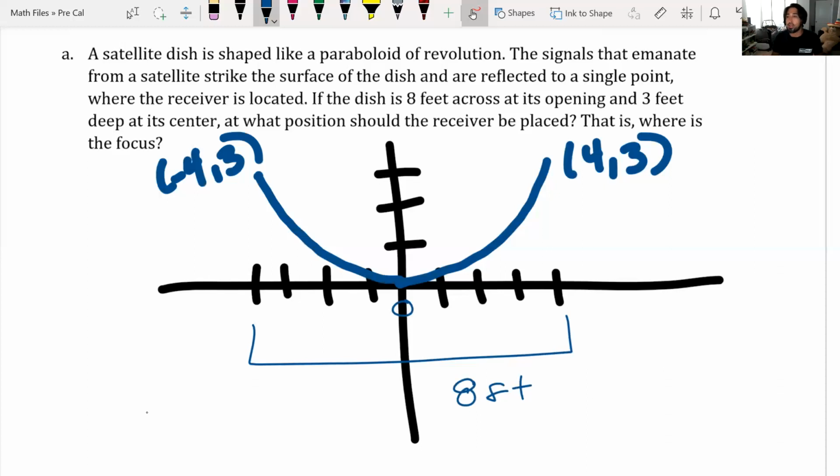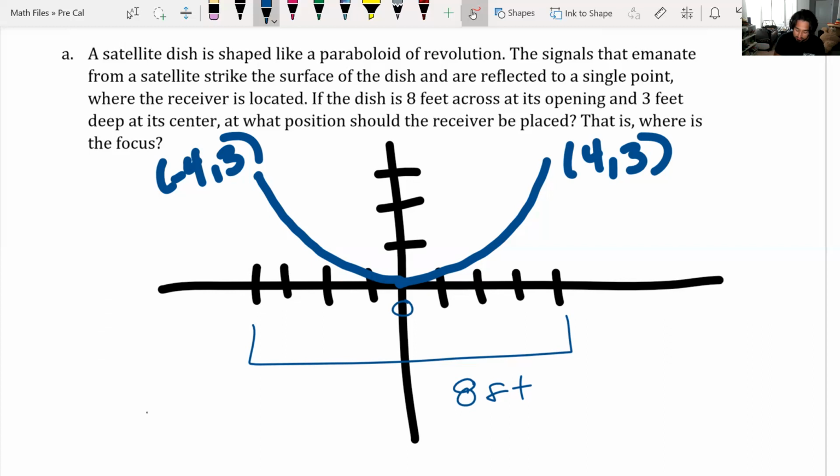Okay, so what we're trying to figure out is where do we put the focus? And now what we have to know is that, in order to find the focus, we need to find the value of A, because the way we place this satellite dish is we are saying that the vertex is at the origin, right?